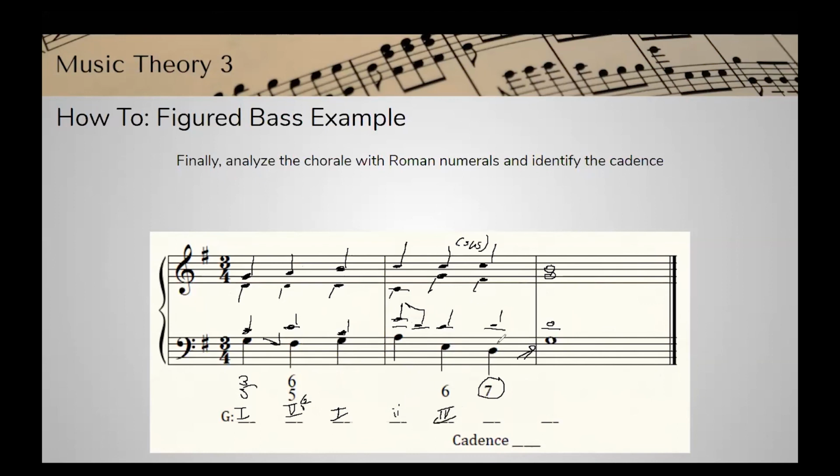Over here, we have a chord with a root of D, and that's going to be a 5, 7 chord. And then finally, we end on a 1 chord. And our cadence, since we go 5 to 1, is some kind of authentic cadence. And it doesn't end on a tonic note, it ends on the 3rd, so this is an imperfect authentic cadence.